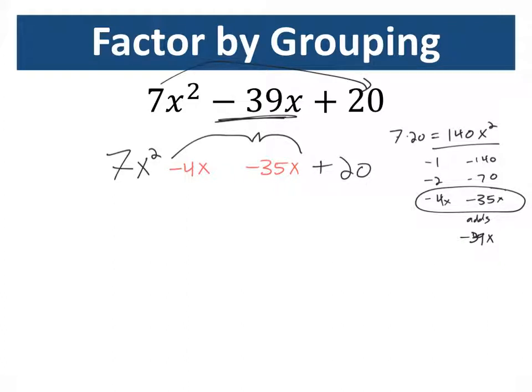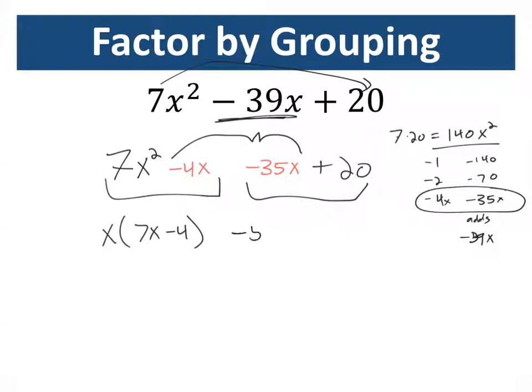When I'm looking for common factors of these two groups, it looks like the only thing that I can pull out is an x. So x times 7x minus 4. And in this second one, I see that 5 goes into 35 and 5 goes into 20, so I'll pull out a 5, or maybe I'll even pull out a negative 5.